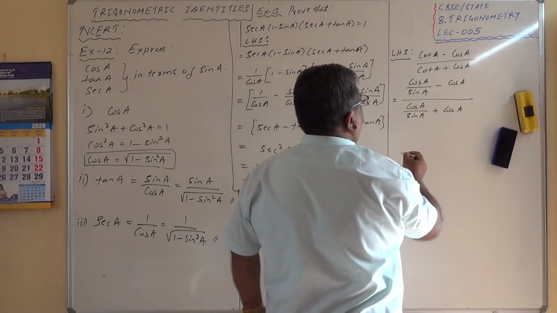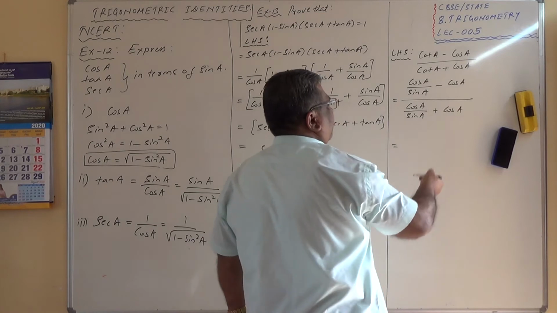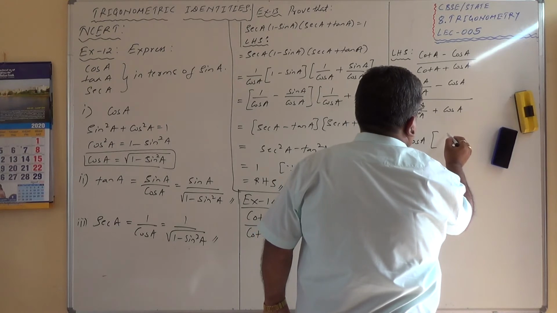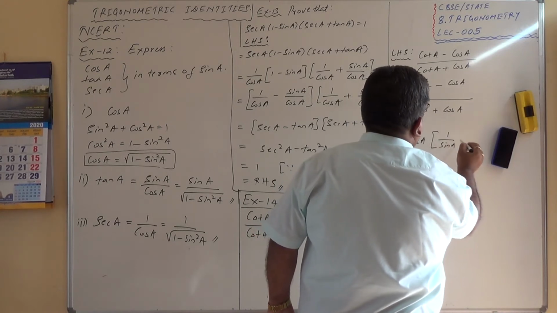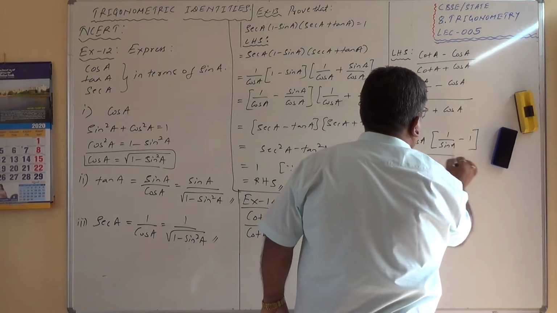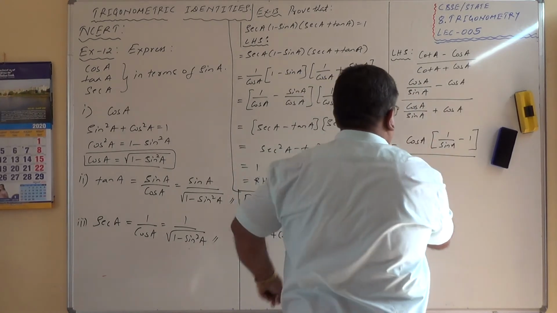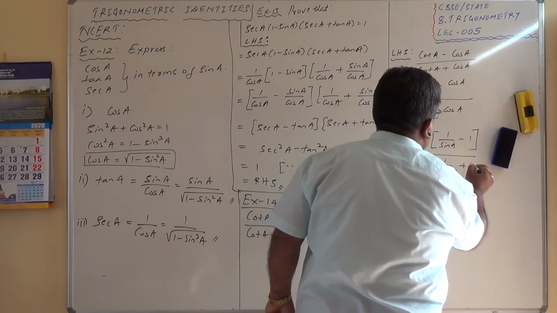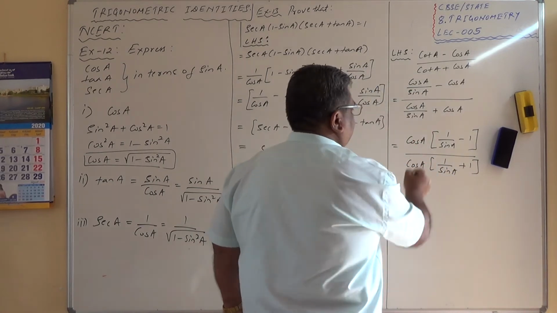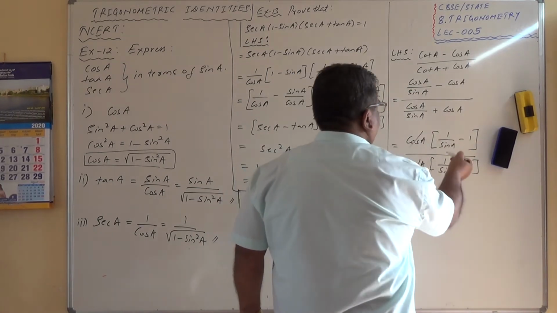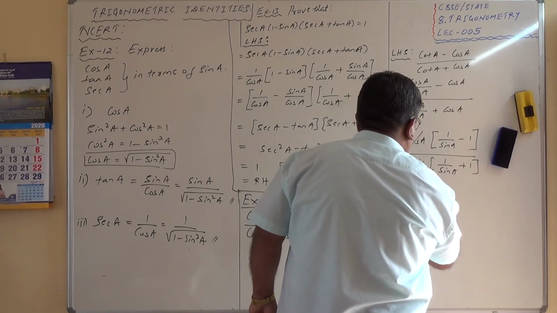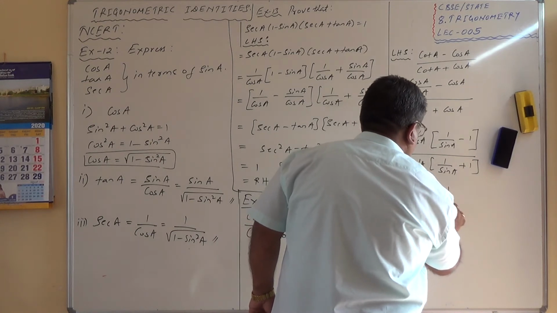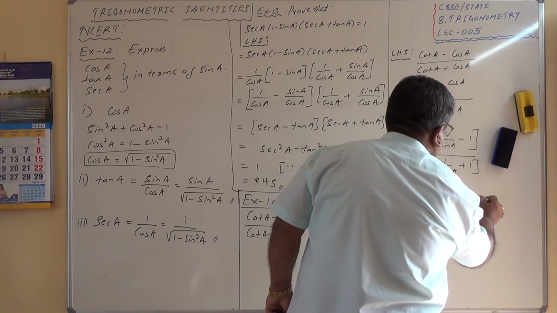Take what is common here: cos A into bracket 1 by sin A minus 1, divided by cos A into 1 by sin A plus 1. Cos A cancels here. 1 by sin A is cosec A, so cosec A minus 1 divided by cosec A plus 1, which equals RHS.